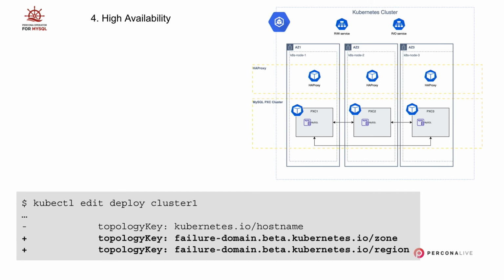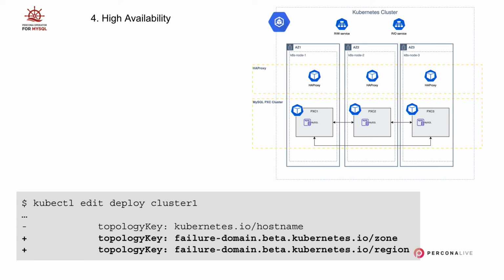An important thing I want to mention is the Kubernetes anti-affinity concept, which is a mechanism that helps you force a specific deployment, in our case the MySQL cluster, to be deployed either on separate hosts, the Kubernetes separate worker nodes, or even in separate availability zones. By default, the cluster that you deploy with the operator will place all the members of the cluster on separate worker nodes.